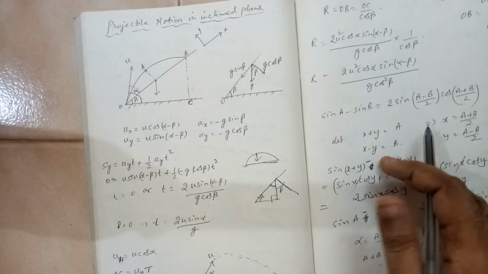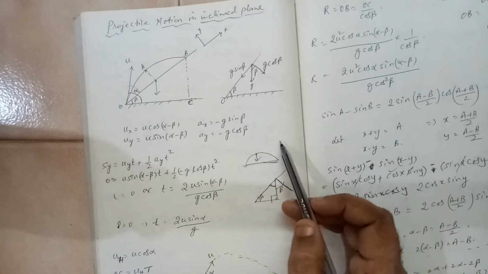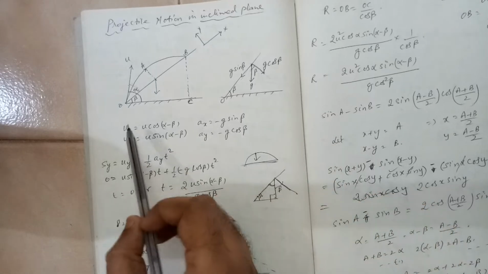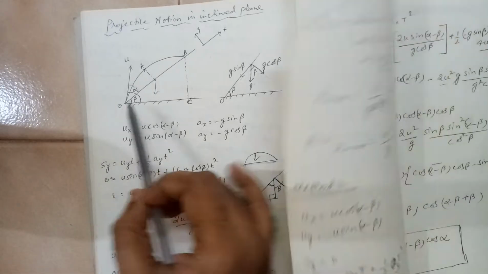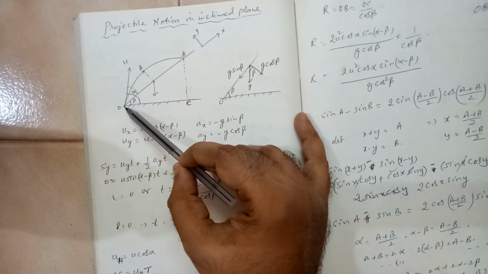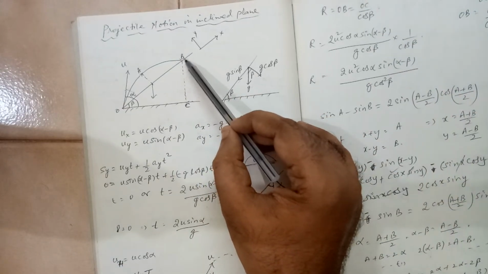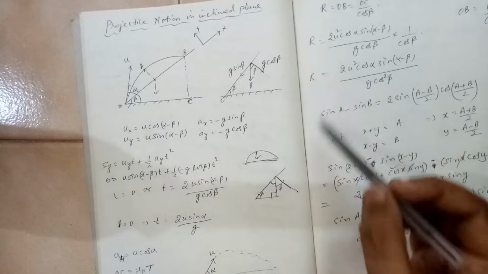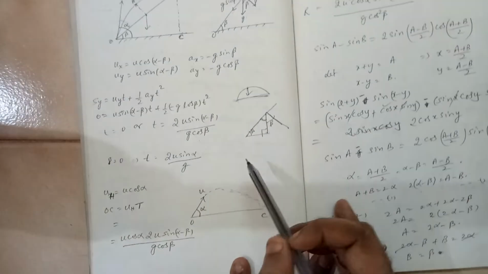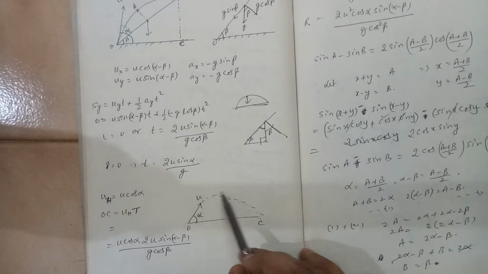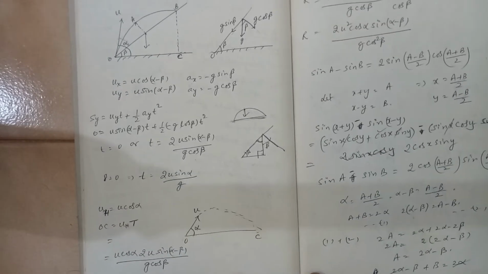Now here in the first approach, what we will try to do is, you see he has thrown the object like this, it will hit somewhere on B. So you imagine this case as it has been thrown making angle alpha with respect to OC, and here we will find the horizontal range.